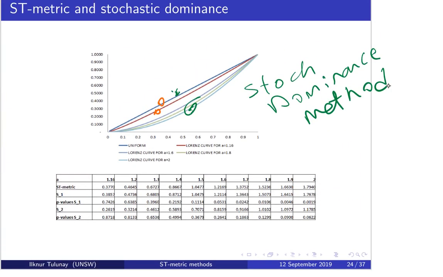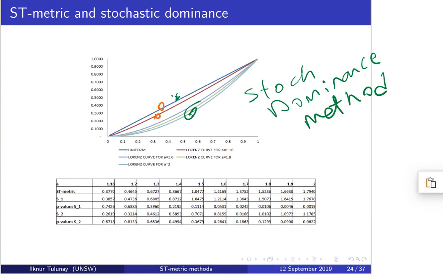As we see here, there are huge differences. This is stochastic S1 and S2. S2 is probably that one. S1 or S2 around here says that they are the same. This one and these ones correspond to the same distribution, and the ST metric says no, this one and these ones are the same distributions, but these are different distributions.